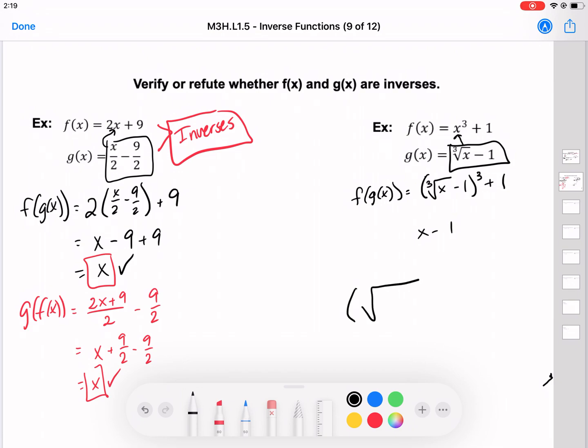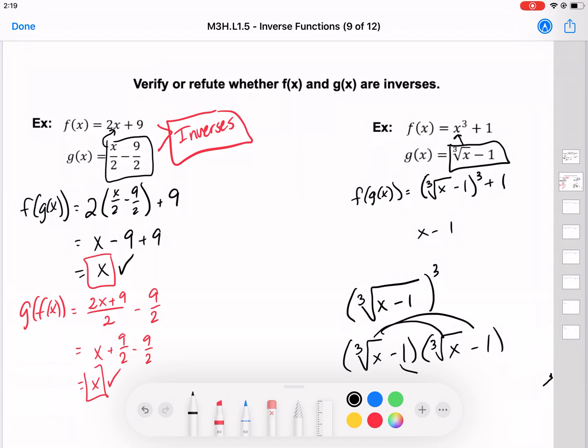However, that is only true if both the x and the minus 1 are under the cube root. If they are separated, they're considered different terms. And if they're different terms, then we have to actually FOIL and multiply everything out. And there would be 3 of these.